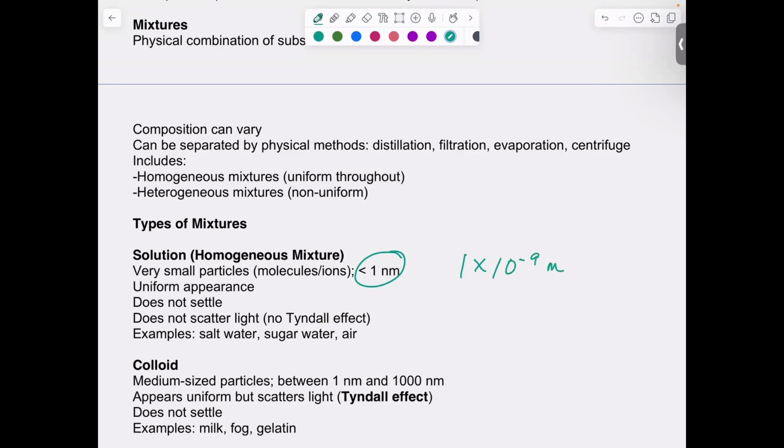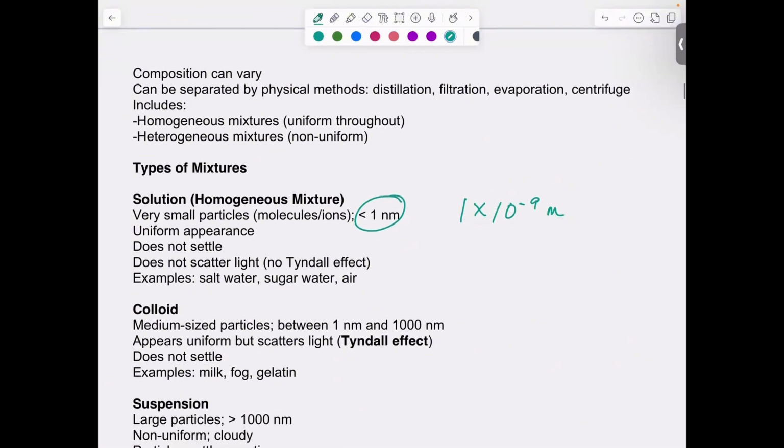Now, colloids are medium-sized particles, anywhere from a nanometer to 1,000 nanometers. And it appears to be uniform. A classic example is milk. I think students think it's a solution, but technically milk is a colloid. It appears uniform, but scatters light.